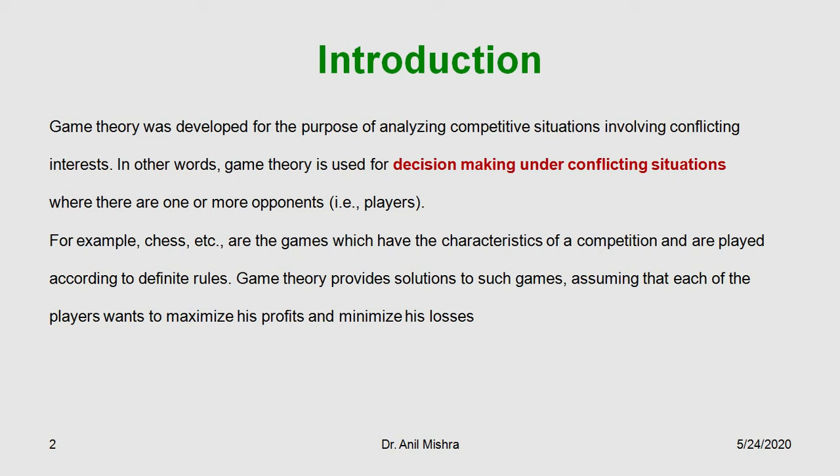You can take the case of any game, whether chess, football, or cricket. Everywhere there exist some fixed rules and regulations, a fixed number of players, and so on. But in each and every case, their intention is not to lose the game. Their intention is to win over the others.